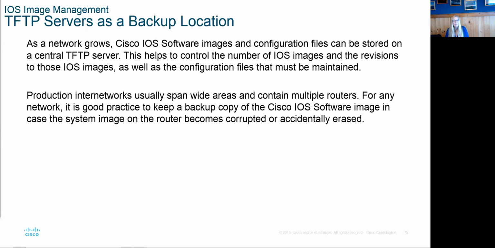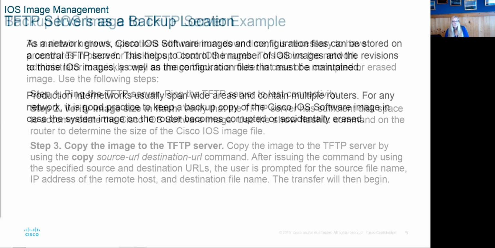If you have lots of widely distributed routers and they need a source or backup location for their IOS software images, because sometimes they do get corrupt, you can use a network TFTP server, and that'll allow image and configuration uploads and downloads over the network. The network TFTP server could be another router, a workstation, or a host system. It really doesn't matter as long as everything can access it.